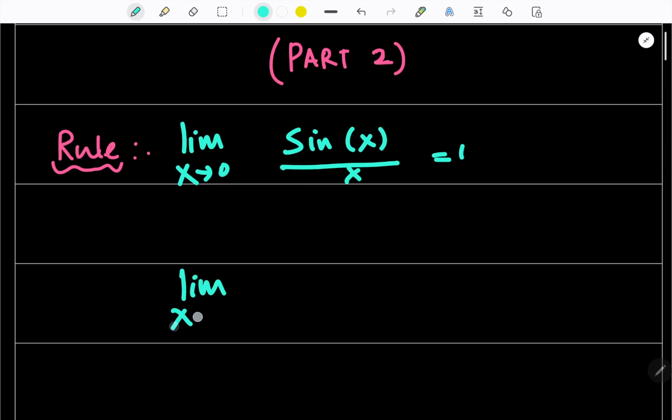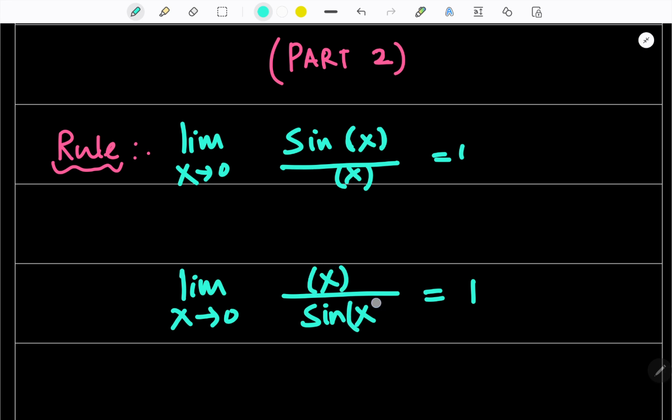Also, limit x goes to 0, x divided by sine x, I can flip it over, is equal to 1. Look here, whatever is inside the angle, the same should be in the denominator. If it is like this, the value is equal to 1.